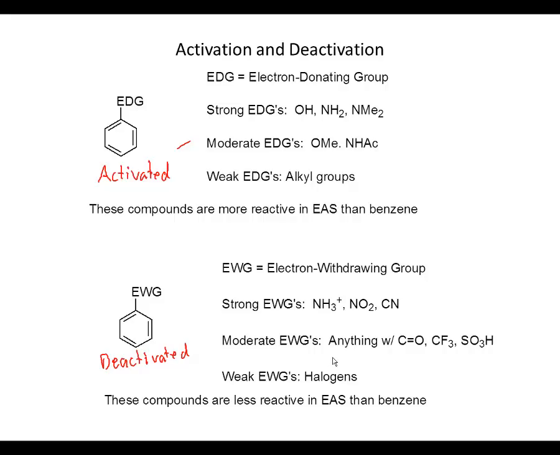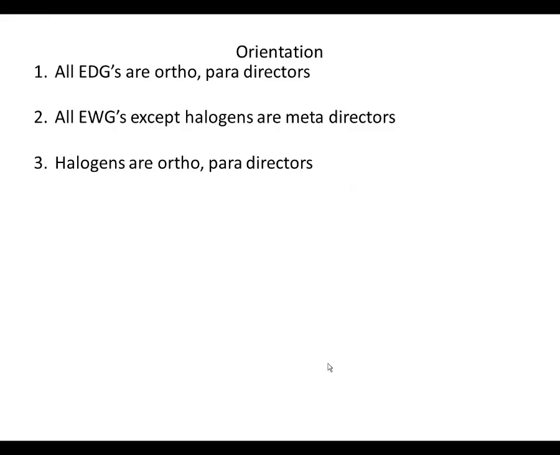Alright, so this is the one effect that you see with groups. The other effect is on their orientation. Where do the new substituents go when you perform an electrophilic aromatic substitution on a benzene ring that already has something on it?